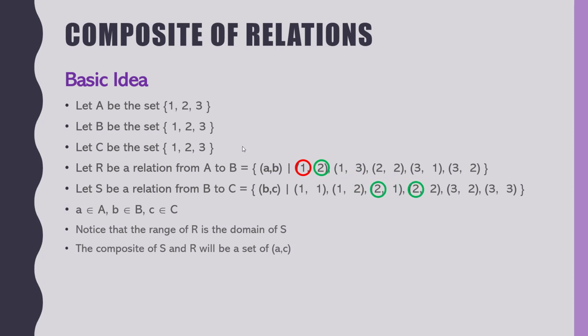Those two start with a 2, right? Now I'm looking at their C value, their second value: 1 and 2. So in my upcoming set, the composite of S and R, I need a 1, 2 and a 1, 1. Just like the transitive property, it's exactly the same thing. So now I have 1, 1 and 1, 2. That's going to be part of the composite set of S and R, right?